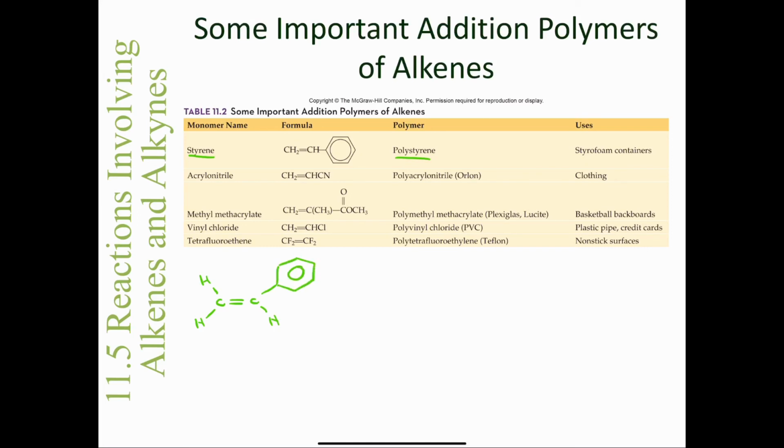So what's going to happen is I'm going to treat this with a catalyst and heat or pressure, and I'm going to end up breaking all of these pi bonds and forming a polymer like this.